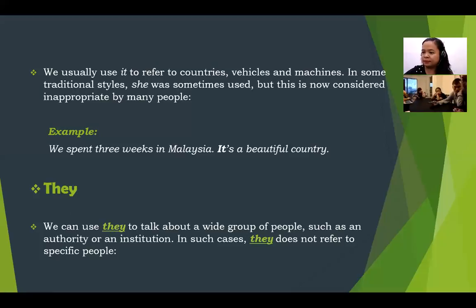In such cases, "they" does not refer to specific people.